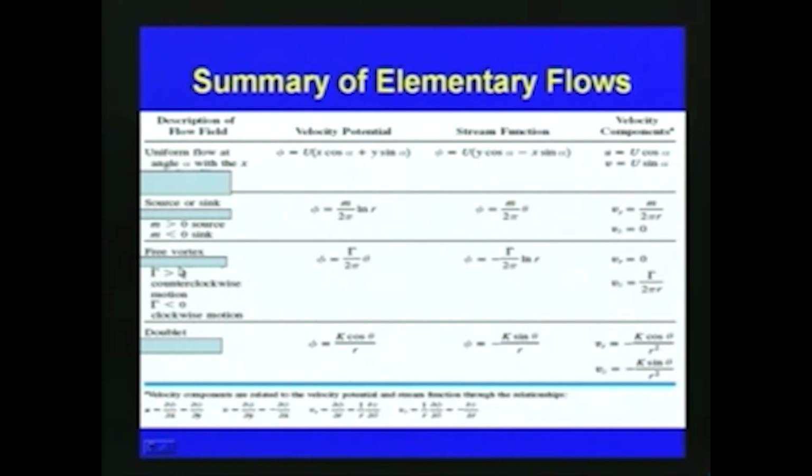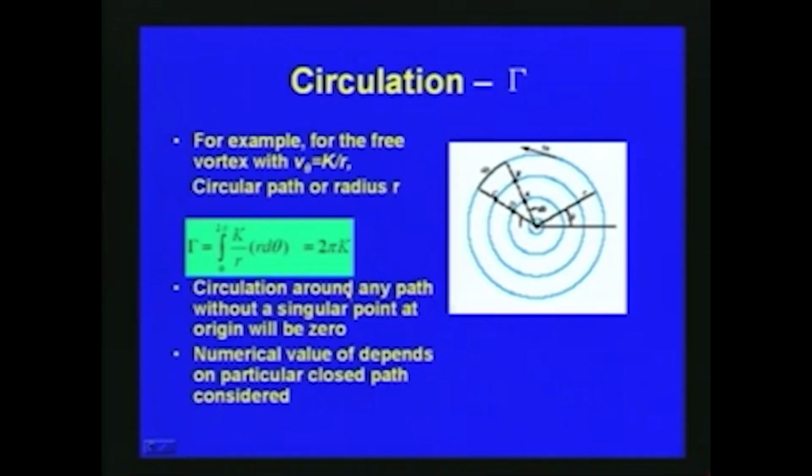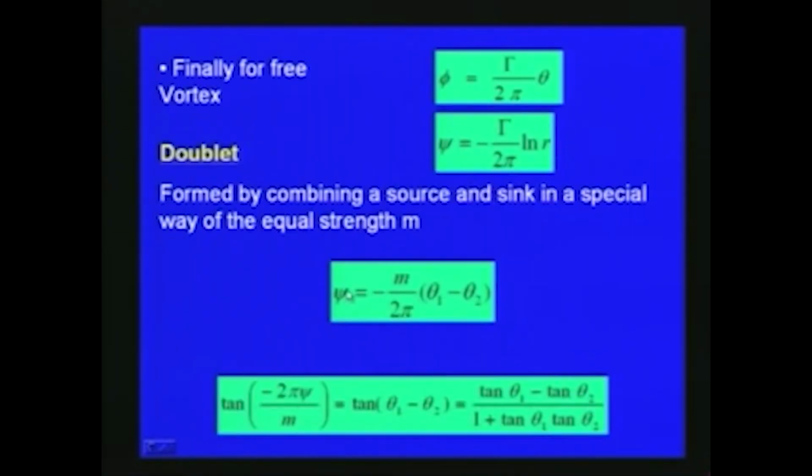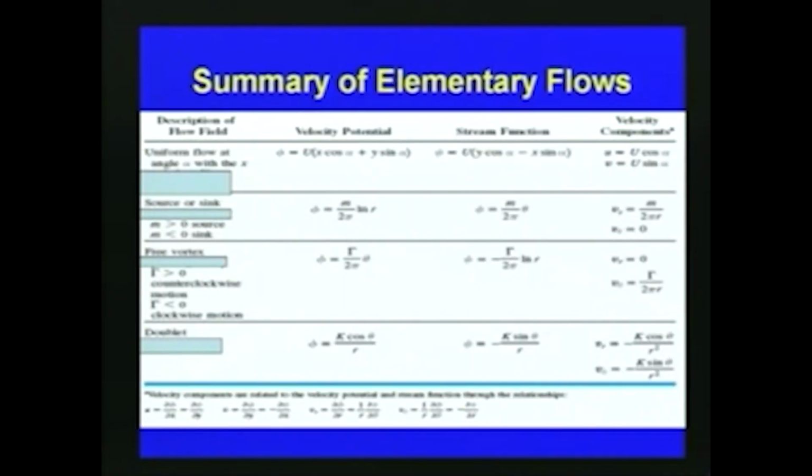This parameter gamma, the circulation, we have already defined earlier. With respect to this circulation, when circulation is greater than 0, we say that it is counterclockwise motion, and when circulation is less than 0, that means it is negative, we say that there is clockwise motion.